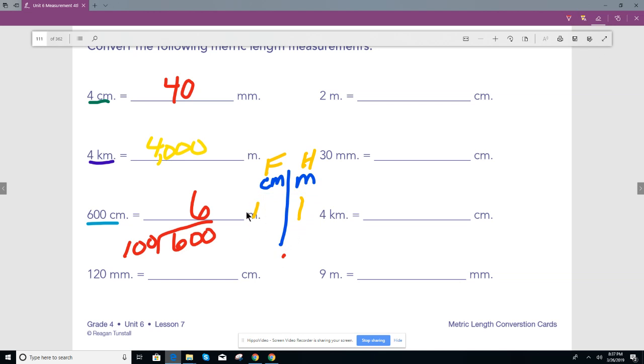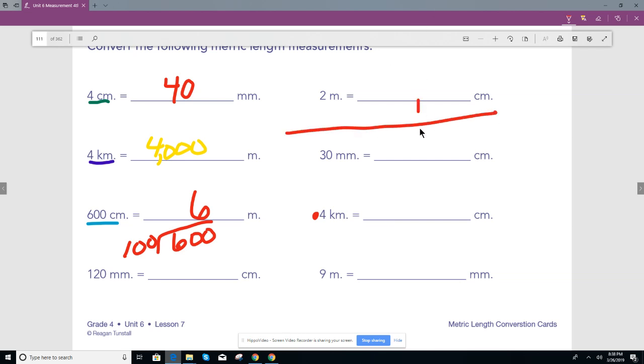I am going to jump on down to this one right here because this one's kind of tricky. It's asking about kilometers in centimeters. Well, I'm going to draw my chart up here just really fast. Okay. So here is a meter.